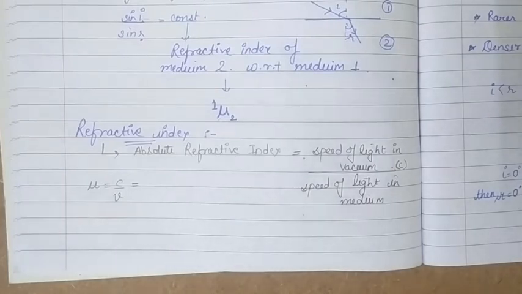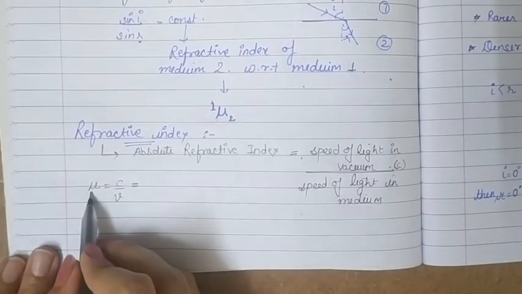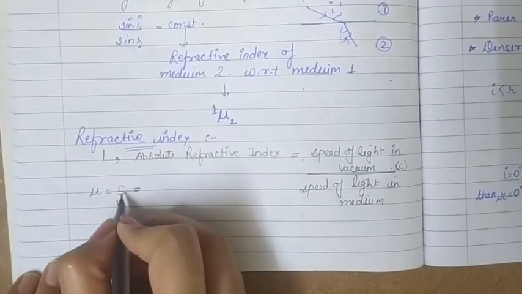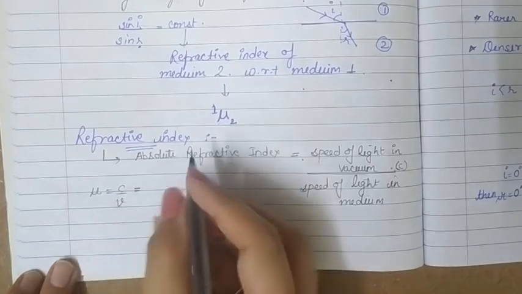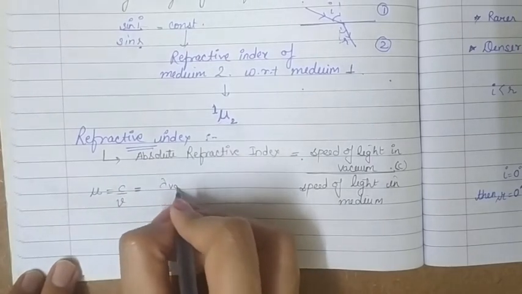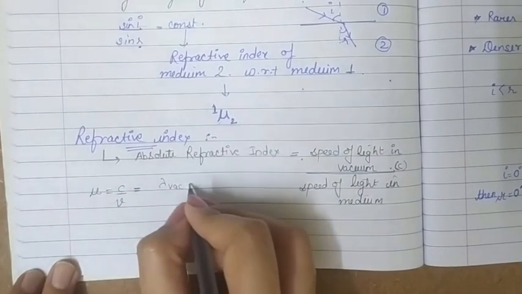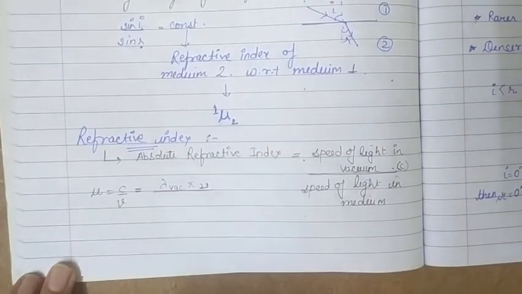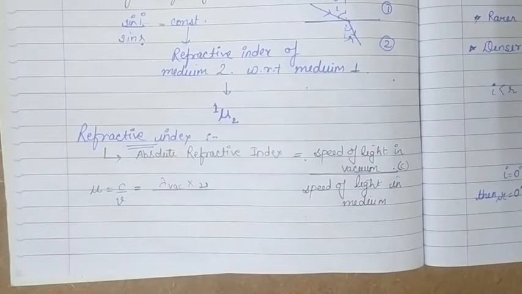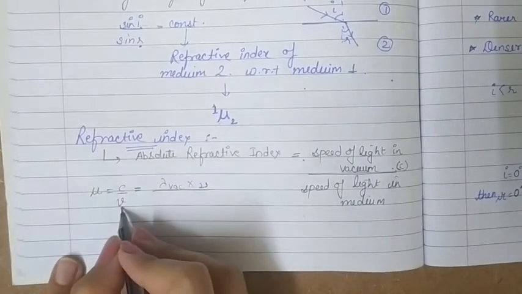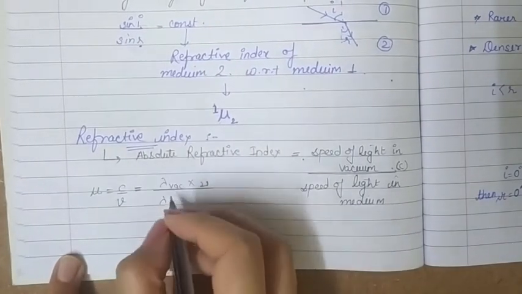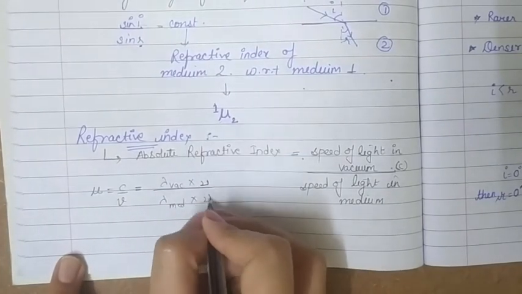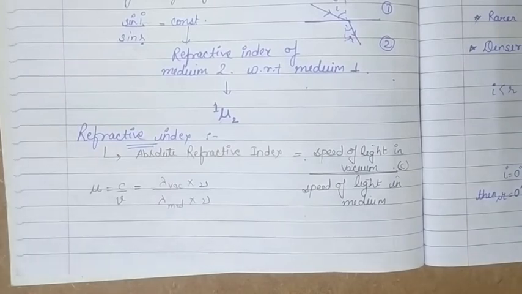So we can also define refractive index in terms of wavelength, as we can write the speed of light in vacuum is equal to wavelength of light in vacuum into its frequency. Wavelength into frequency is equal to speed. This relation we already know. And in case of medium, it will be wavelength of light in medium into frequency, because frequency remains the same whether it is in vacuum or in that medium.